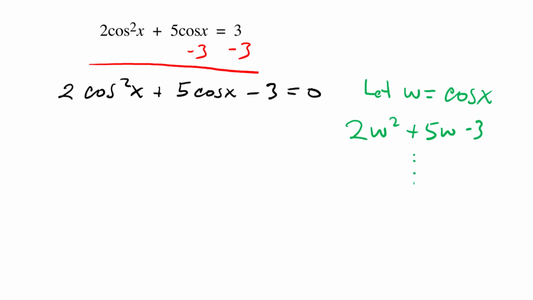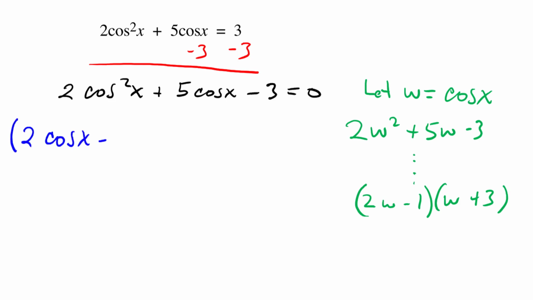Now we actually have factored this already. It's one of the first factorings that we did in this video. This factors into (2w minus 1) times (w plus 3). So the left side of the equation becomes the quantity 2 cosine x minus 1 times the quantity cosine x plus 3.